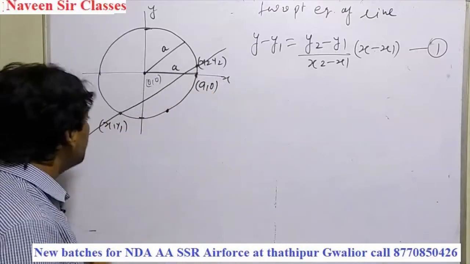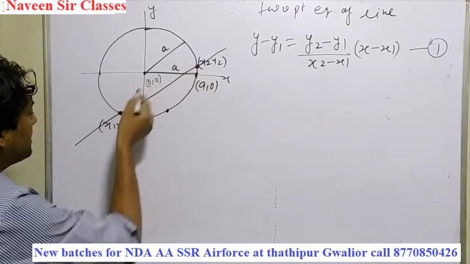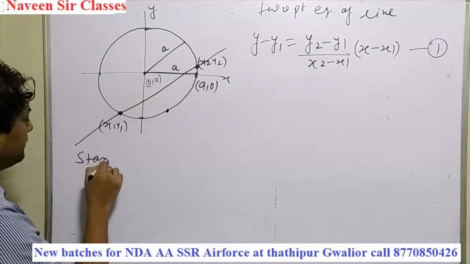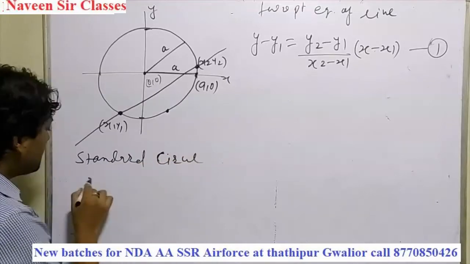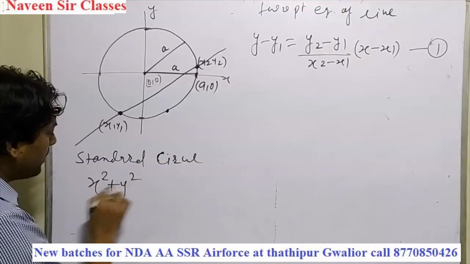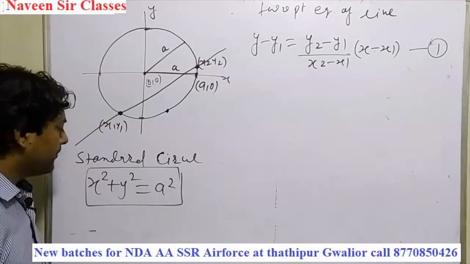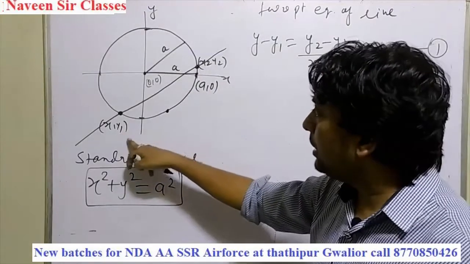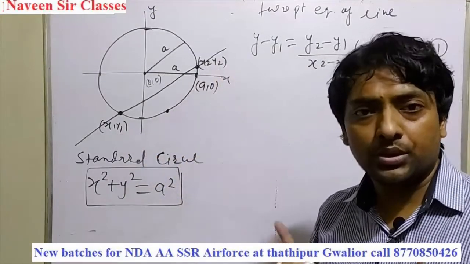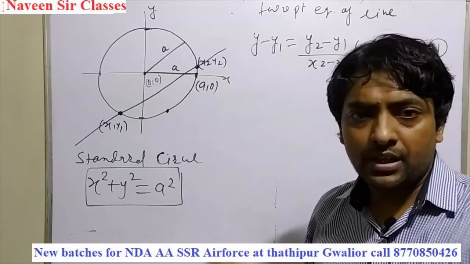Now again, these 2 points lie on a standard circle, x square plus y square equal to a square, where the center is 0, 0 and the radius is a. The points x1, y1 and x2, y2 both lie on that circle, so these points will satisfy our circle.